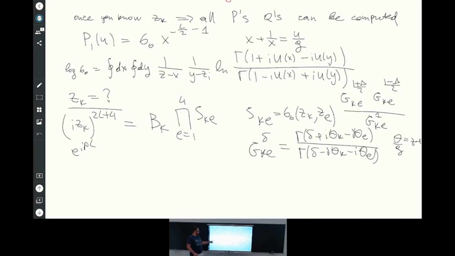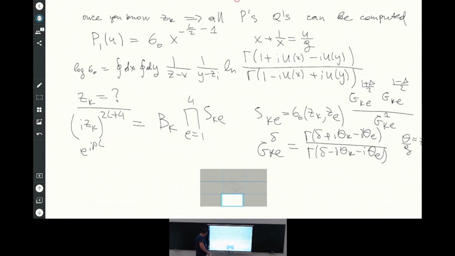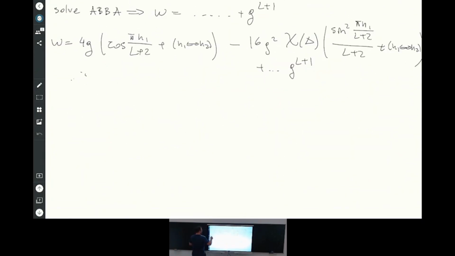So you just get z to be roughly a root of unity. So these n's just parameterize which root of unity you have to pick. So this n is an integer which goes from 1 to L plus 1, with an additional condition that the sum should be an even number.